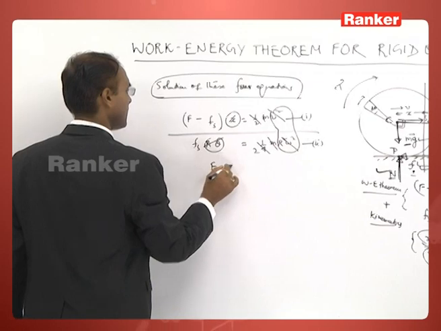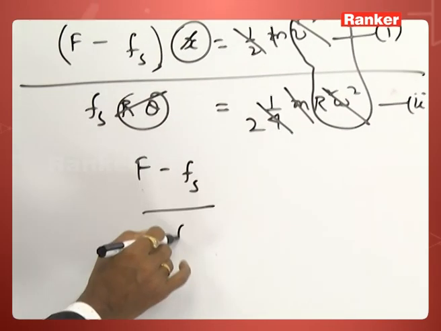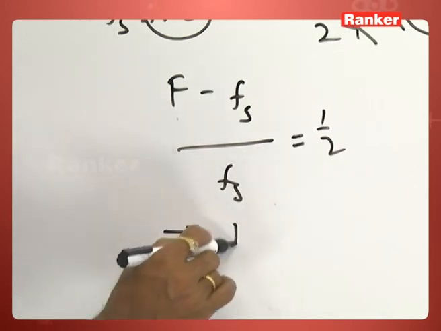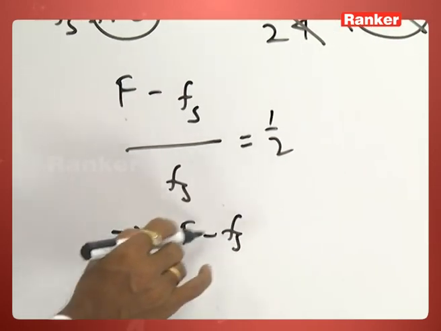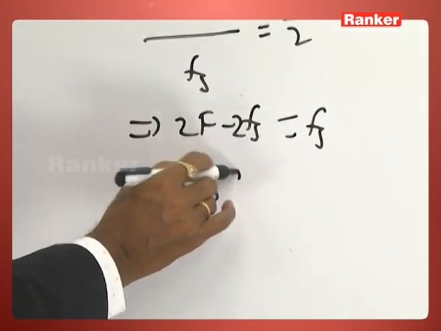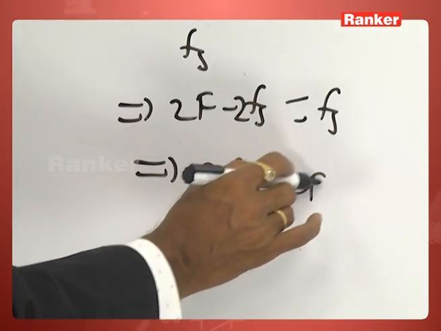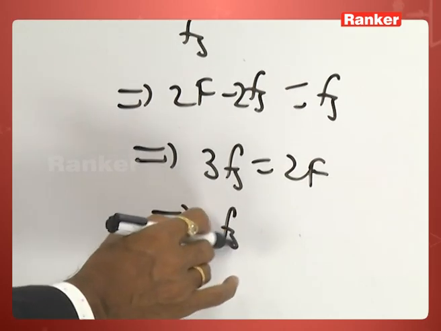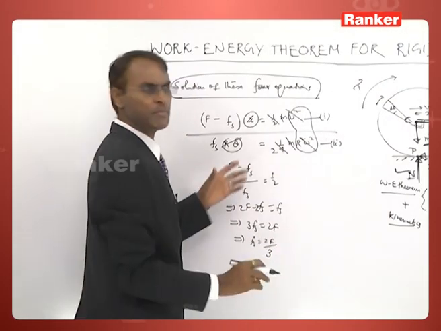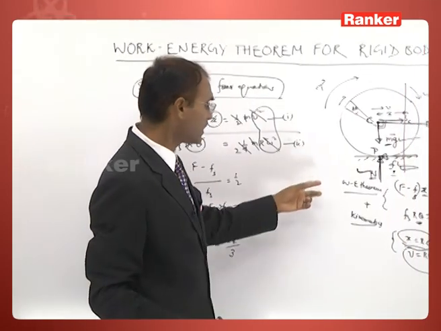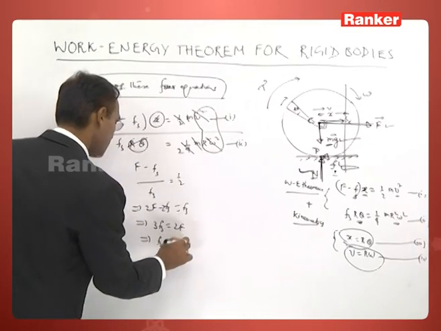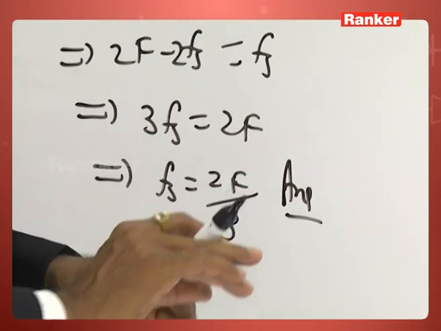So F minus Fs by Fs is equal to half. By cross multiplication, 3Fs is equal to 2F. So Fs is equal to 2F by 3. That's a very fascinating method. By using the work energy theorem and kinematics, we can calculate the value of friction.